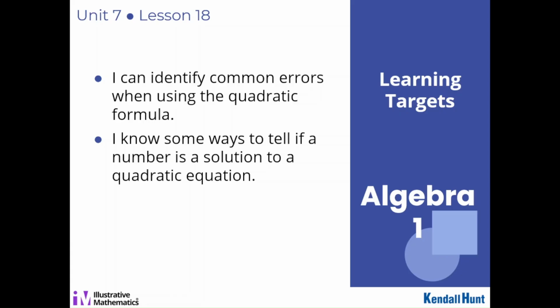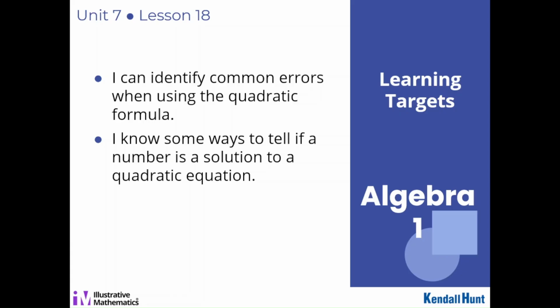Learning target number 2 says you know some ways to tell if a number is a solution to a quadratic equation. And this kind of goes back to that last one. One way is if you have access to a graphing calculator, type the equation into the graphing calculator. It will draw the parabola for you, and then you can verify that the answers you got are the x-intercepts on the graph.